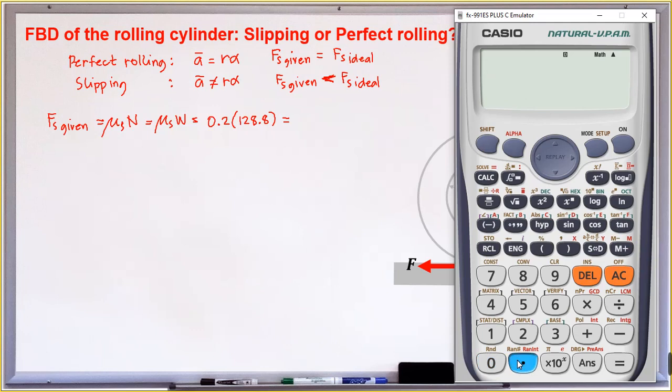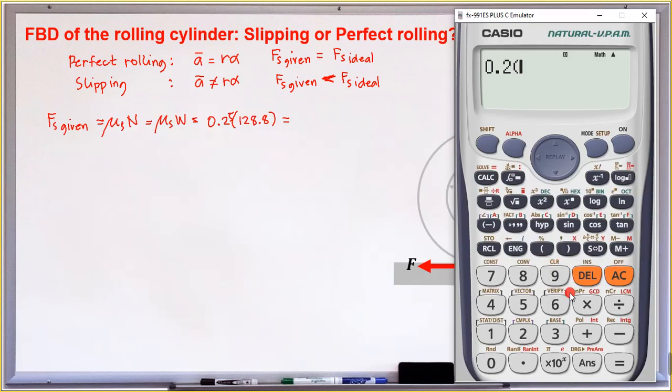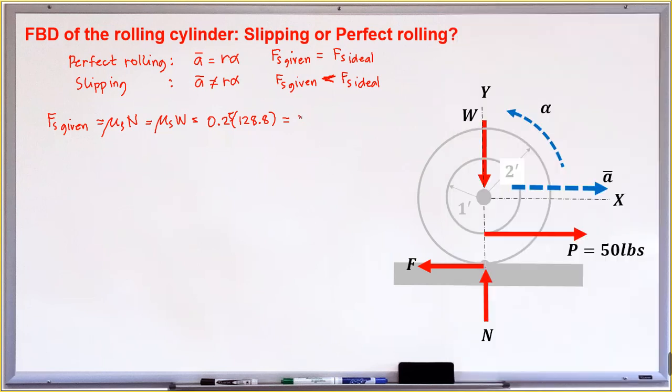I mean, that is 0.25 there, sorry, because 0.2 is for the kinetic. So for the static, that is 0.25 times 128.8. So our given static friction is 32.2.